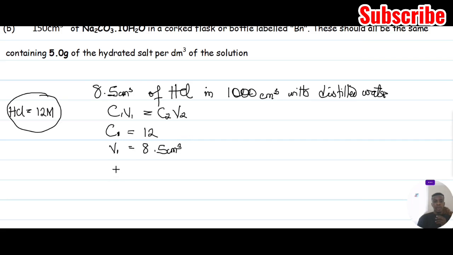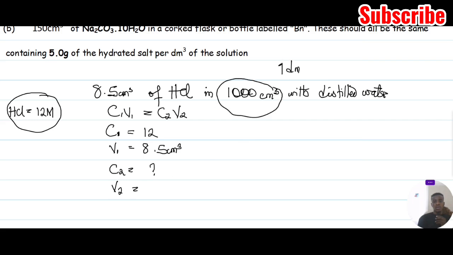Our C2 is the final concentration after diluting, which is unknown. Then V2 is the final volume we want to dilute to, which is 1 dm cube.